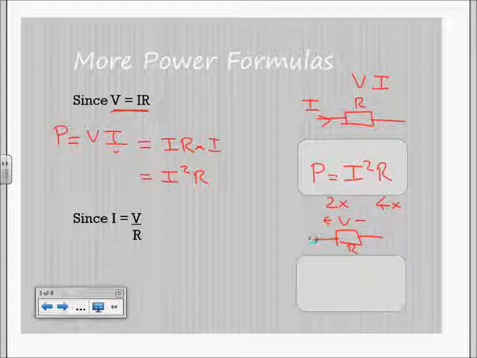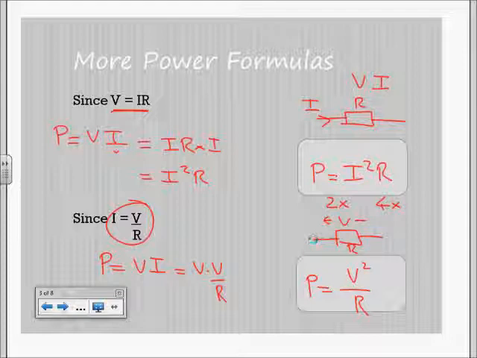So in that situation, we have power again equals V times I, but this time we substitute for the current, where the current comes from, once again, this rearrangement of the definition of resistance. So we get V times V over R, and so we end up with power equals V squared divided by R. So it really depends what information you're given as to which of the 3 power equations or formulas is the most appropriate one to use.